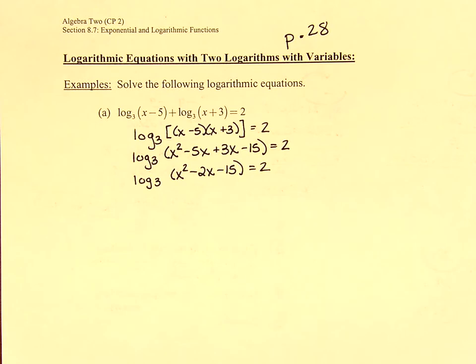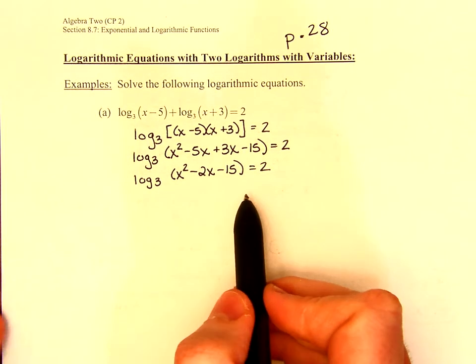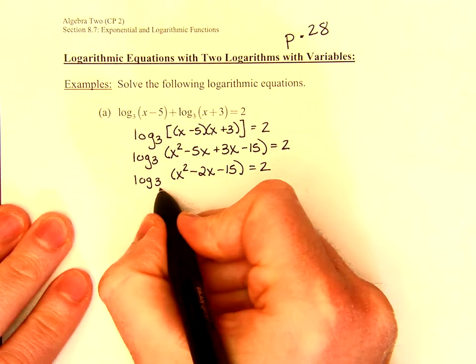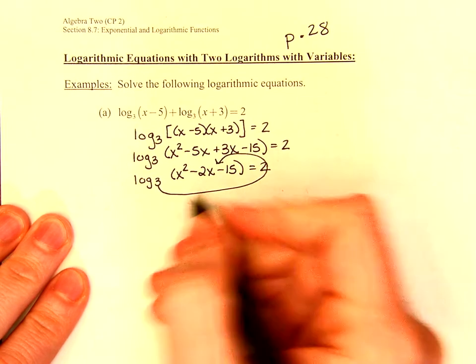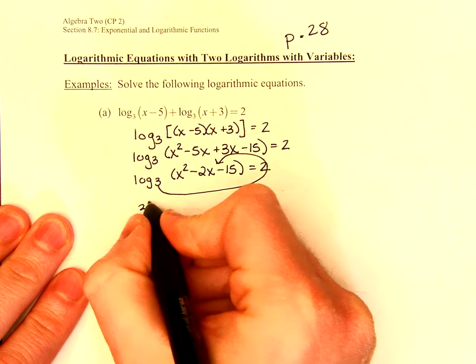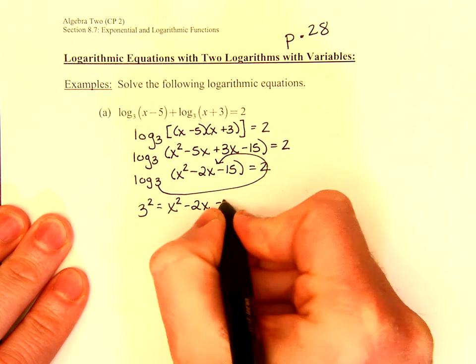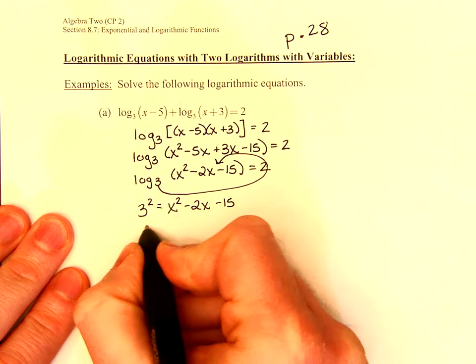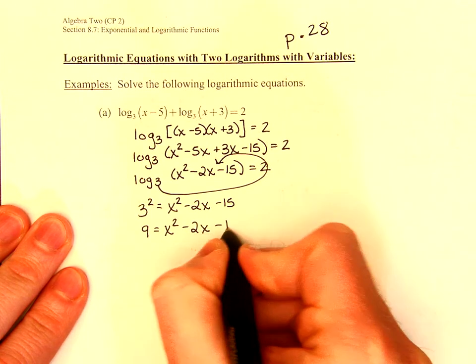Now, we'll do what we did last time. I have an equation in logarithmic form. I need to rewrite this in exponential form. I'm going to say 3 raised to the second equals the thing inside your log. So 3 to the second equals x squared minus 2x minus 15, or 9 equals x squared minus 2x minus 15.